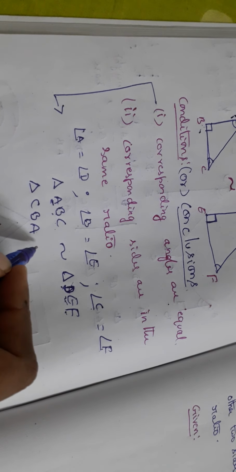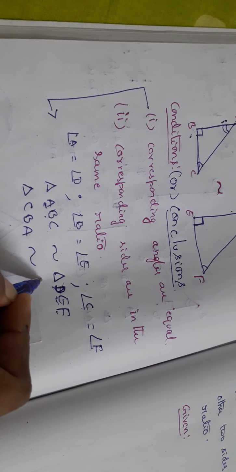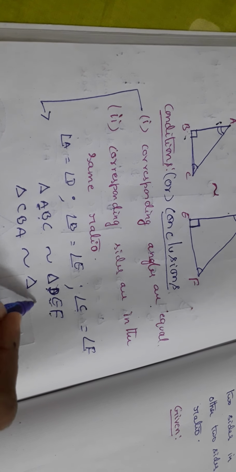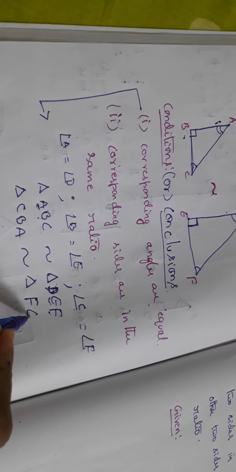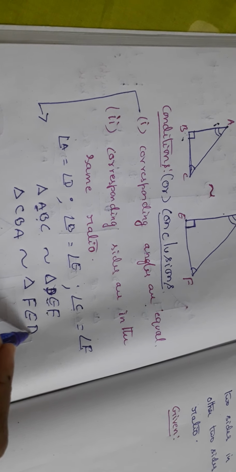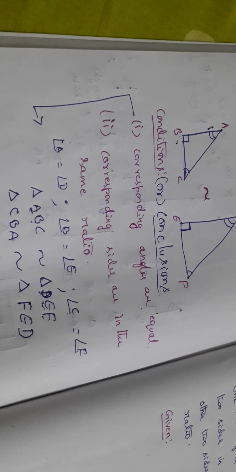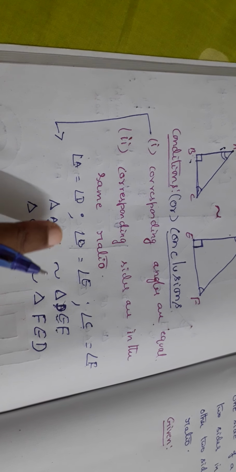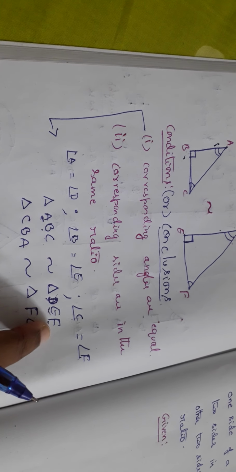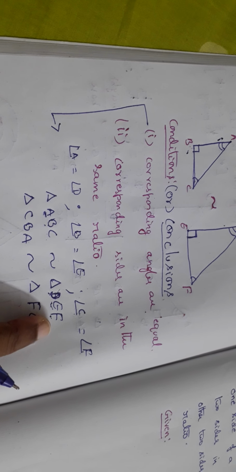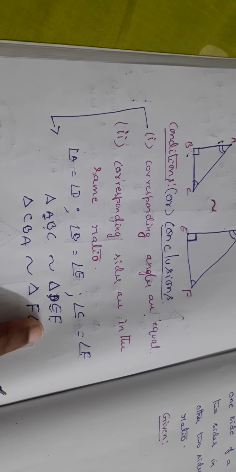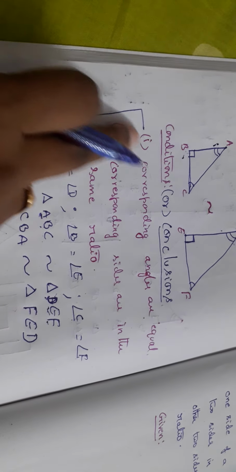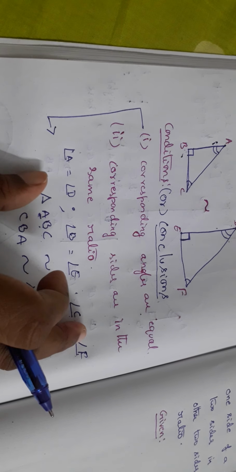So triangle CBA is similar to triangle FED. Care must be taken in that manner. You cannot just change the names. The order in which you are reading your vertices is very, very important, children. Please keep that in mind. So corresponding angles are equal; this conclusion you can come to.